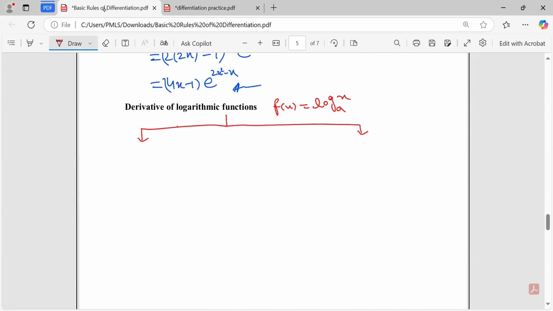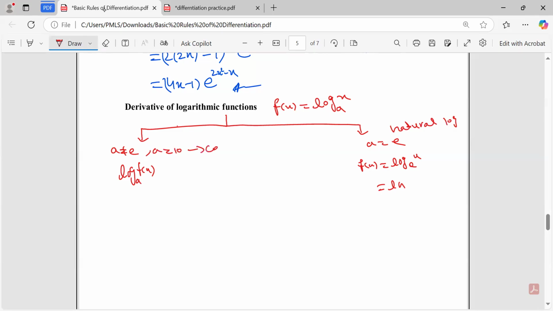If a is not equal to e, like 2 or 3 or something else, this will be written as log base a of f of x. But if a is equal to e, your function f of x will be log base e of x, which can be written as ln of x. This is called the natural log. And if a is equal to 10, this will become the common log.